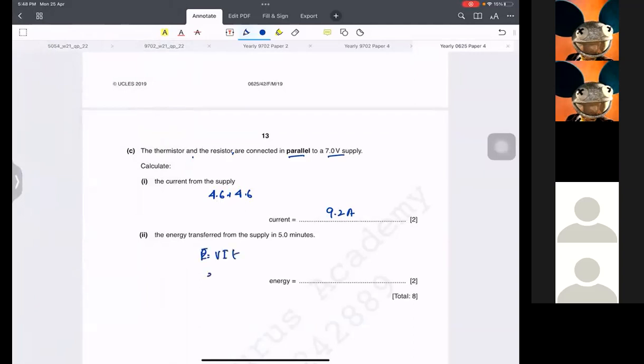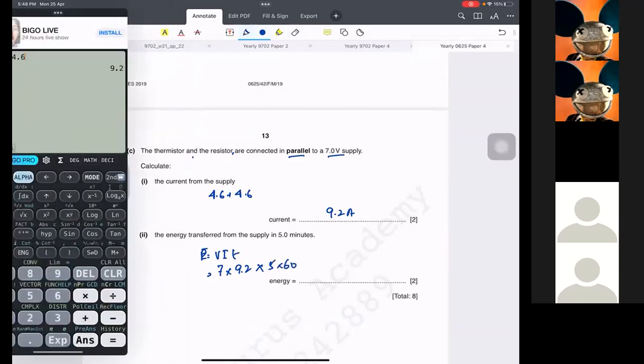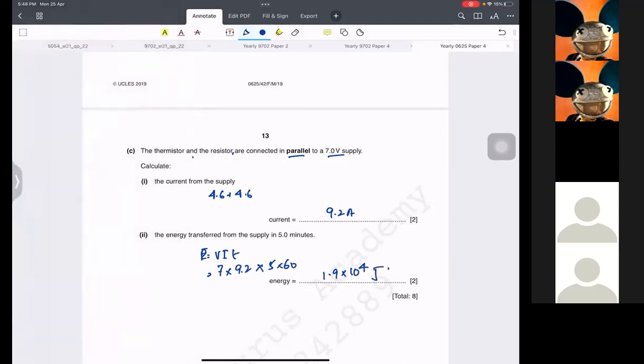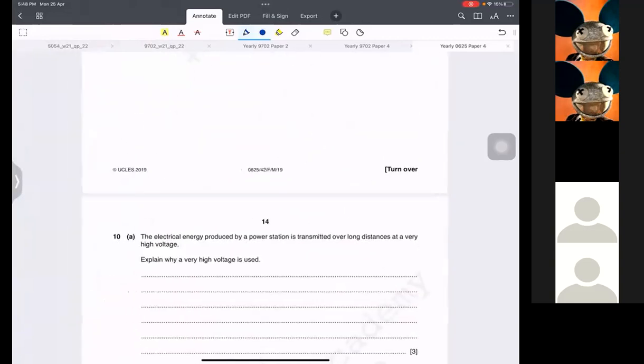So we have 7 as voltage, current is 9.2, and the time is 5 minutes times 60 seconds. That is 1.9 times 10 raised to 4 joules. That should be the answer. Yes, please, if you have any questions, let me know. Okay.